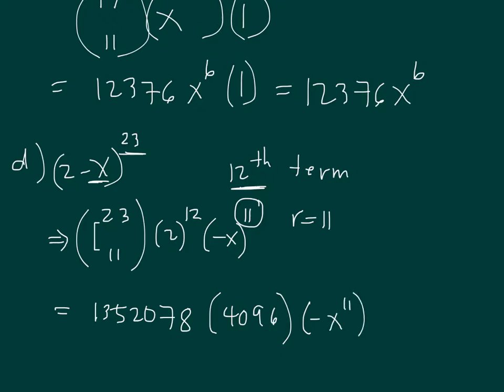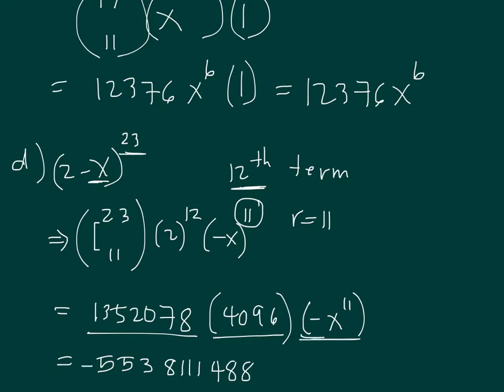Then the x will take the exponent 11. So you have this number times a negative 1. So 1352078 times 4096 should be equal to, so it's a very big number, 5538111488. The negative x to the 11 will be, so negative the number, then x to the 11.